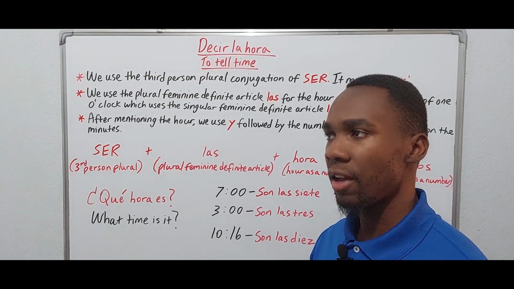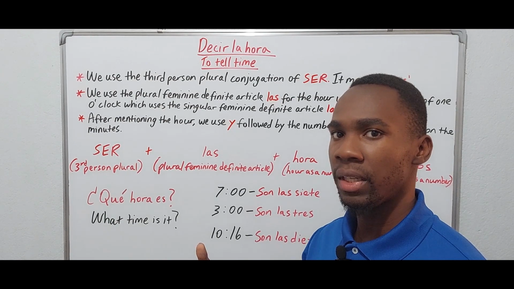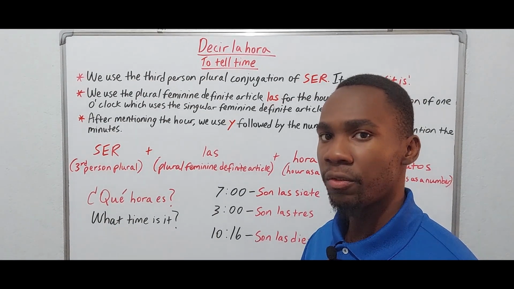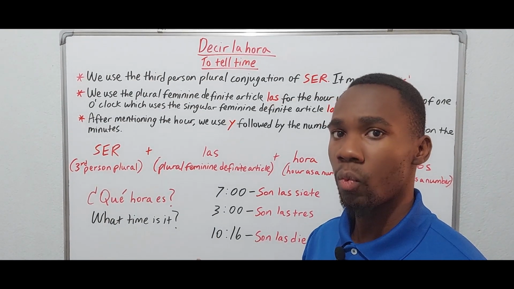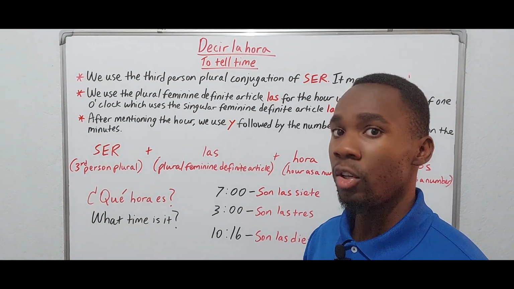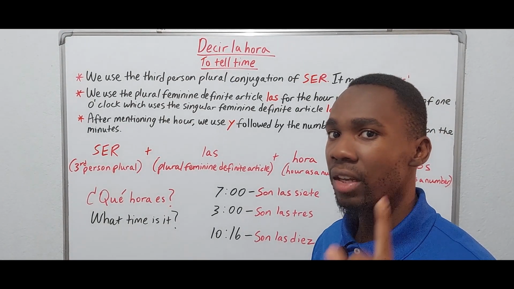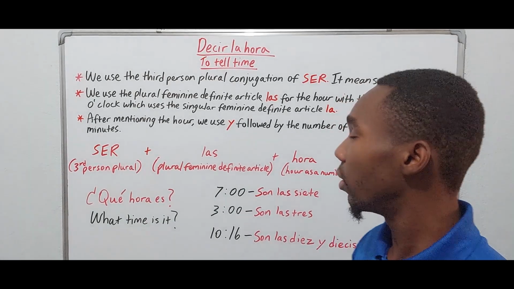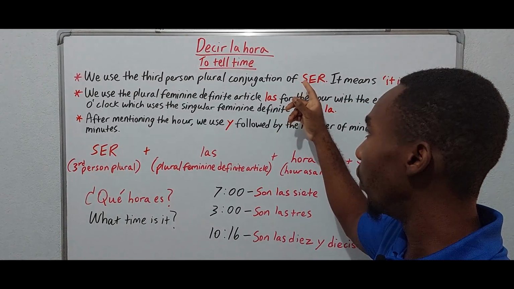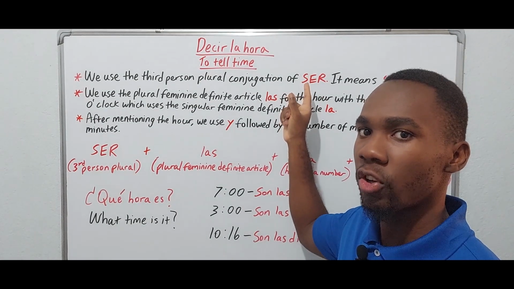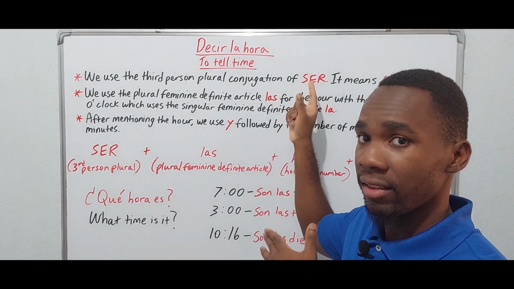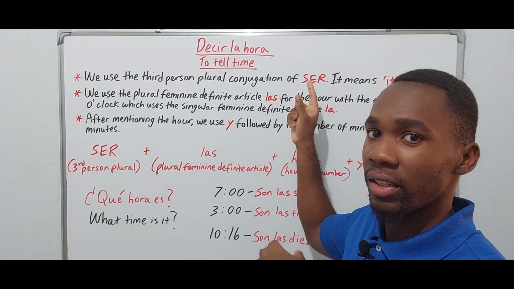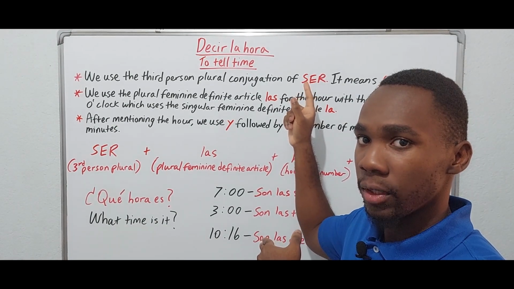So the definite article is going to be plural for every hour except 1 o'clock, okay? So if 1 o'clock uses the singular article, then you know that means that 1 o'clock has to be used with es and not son, because that's an exception. It is singular, so it is es for 1 o'clock, right?